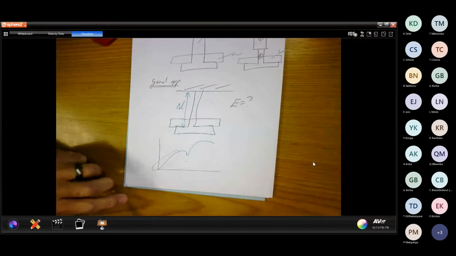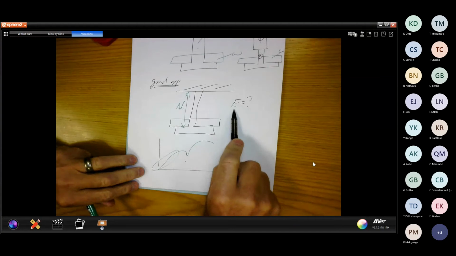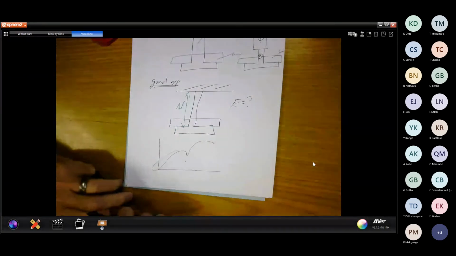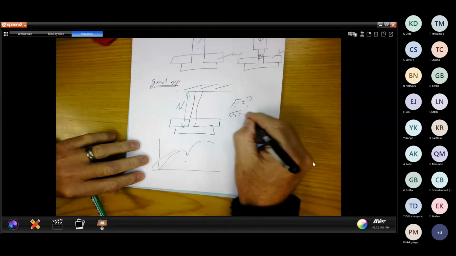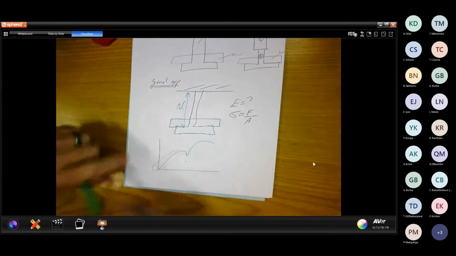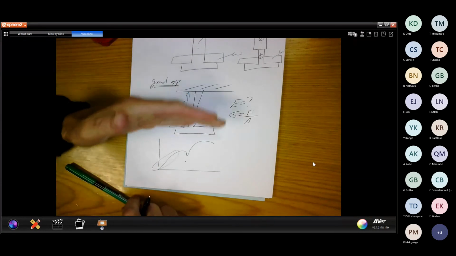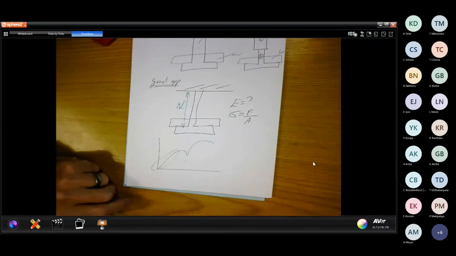We'll show you later in a problem how it works. This part is what you did in the first chapter, stress equals force over area. That is gradually applied in this case. And when you put it down here, automatically you will say it's a tensile one. That's the first one.